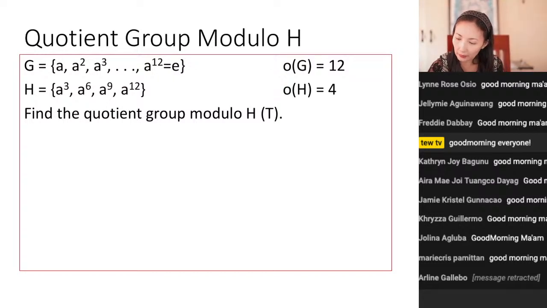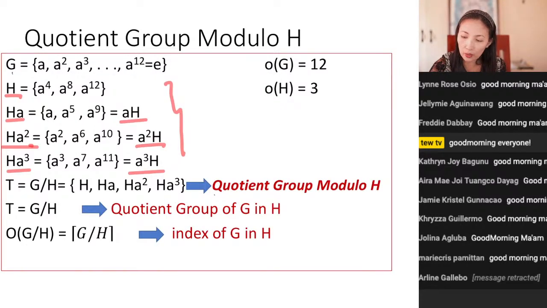Now going back, the order of G is 12, the order of H is 3. Now if we get the quotient, 12 divided by 3 is equal to 4, which means that T will have an order of 4. Order, proper symbol. Okay, the proper symbol, order of T is equal to 4.